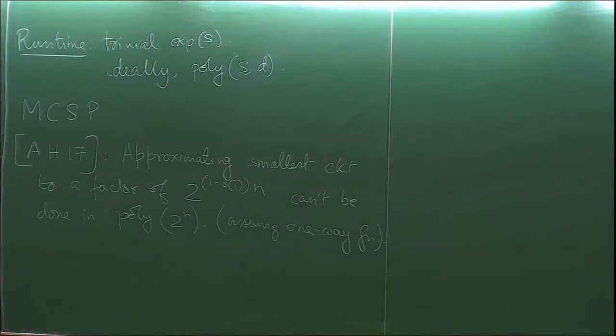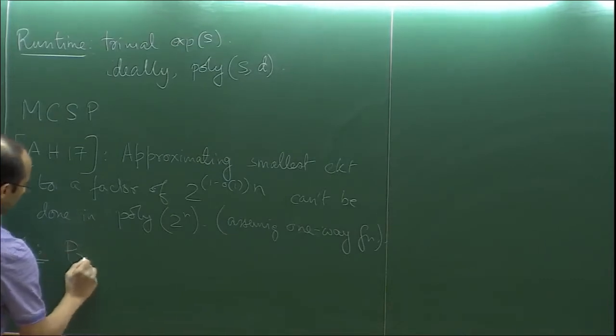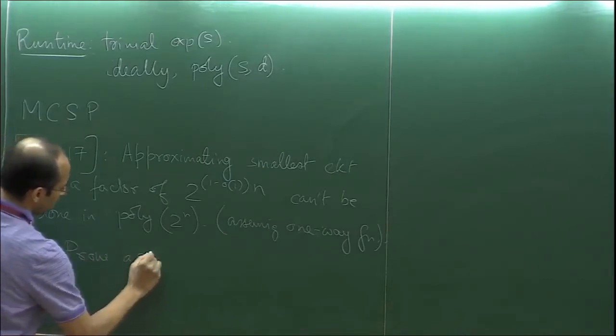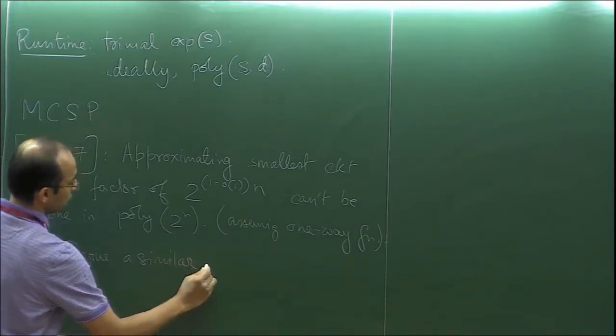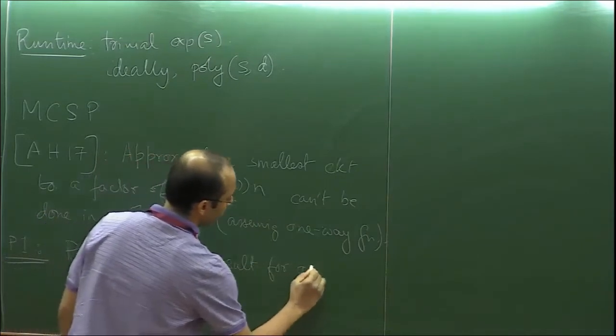In the same spirit, we expect that even if the polynomial is not given as a black box but verbosely as a list of coefficients of monomials, still finding the smallest circuit or approximating it might be hard for arithmetic circuits. But unfortunately, there is no concrete result, so I'll just state this as the first problem of this talk: find or prove a suitable, similar result for arithmetic circuits.